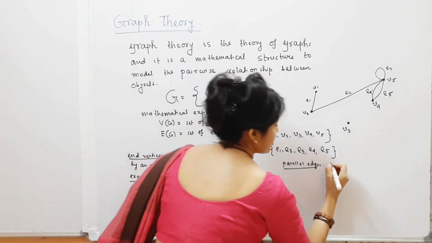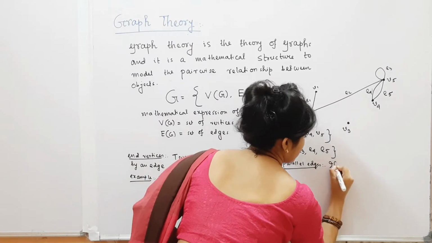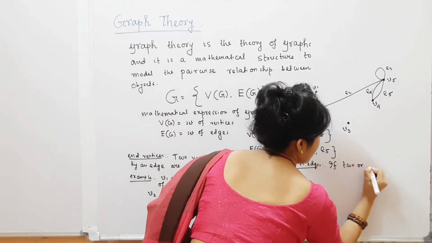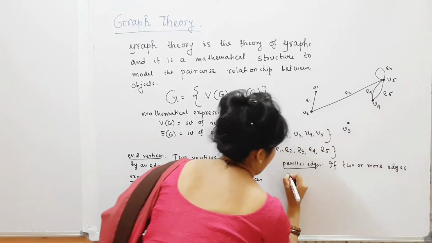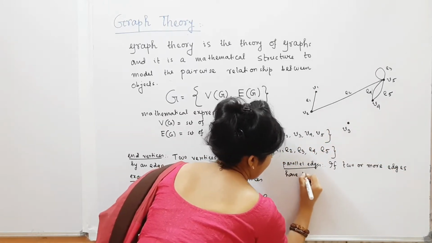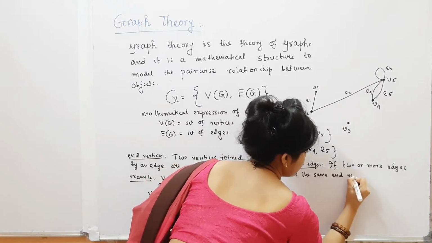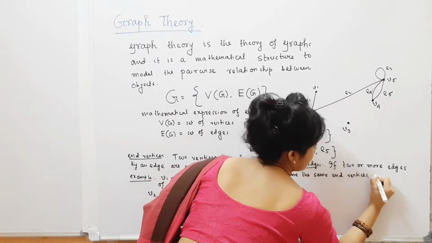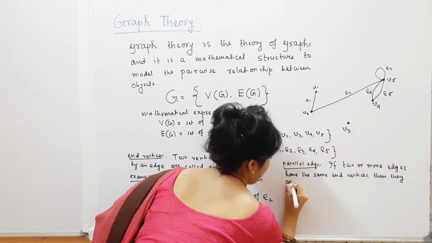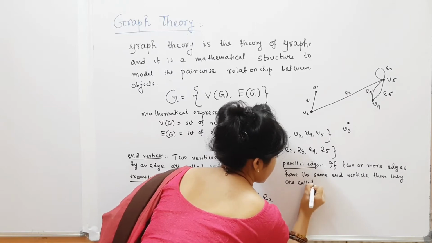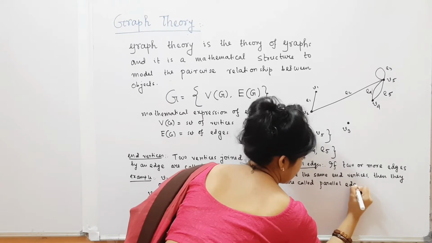So if two or more edges have the same end vertices, then they are called parallel edges.